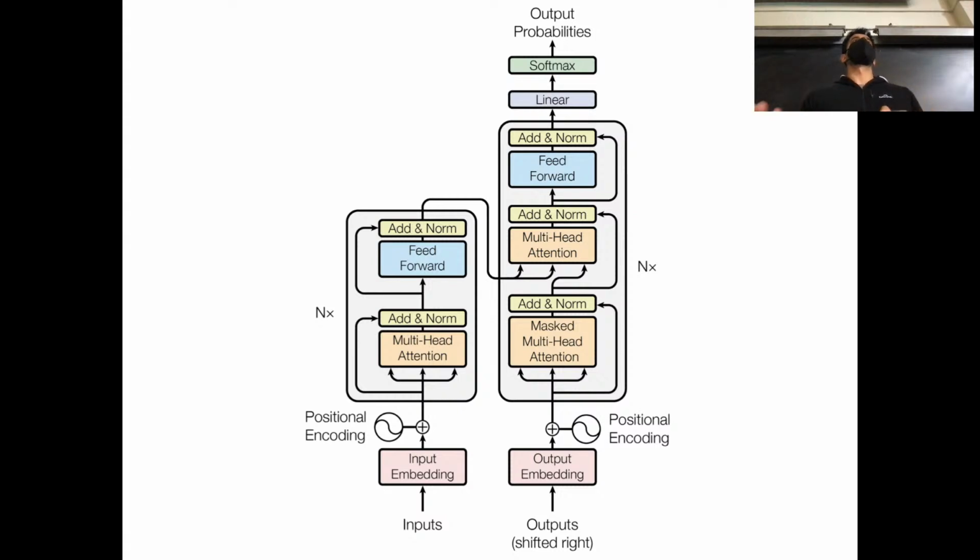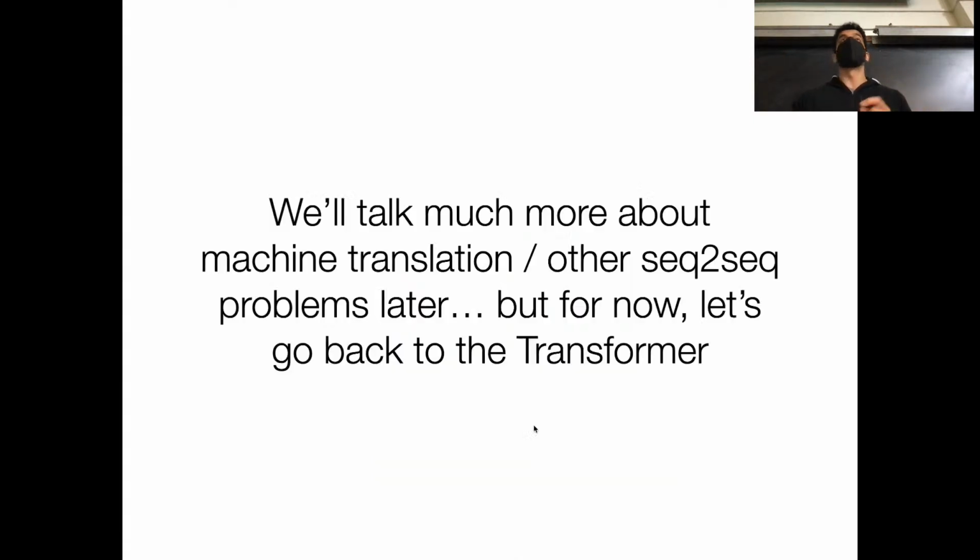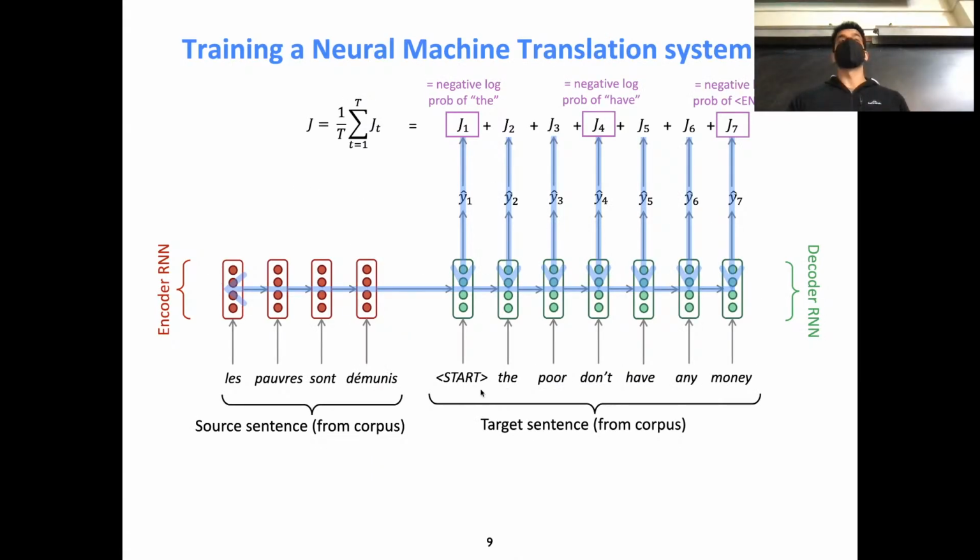capable of producing this translation. So the way this works, and we'll talk about this more when we talk about decoding from these models, is generally at test time, I will feed in the input sentence, and I'll feed in to the decoder just the start of sequence token, and I'll ask it to produce one word at a time until it produces what's called an end of sequence token.